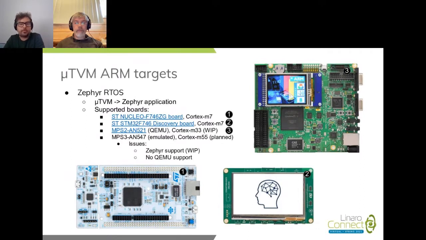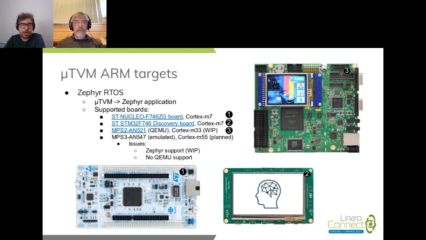The AN stands for application note, and it specifies all the memory regions in devices that follow that specification. We have patches. Some patches go to Zephyr, and other patches go to µTVM itself, to enable µTVM to run on that MPS2 board.